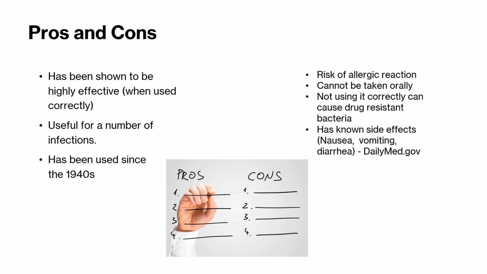And of course, I already mentioned it has a risk of developing drug-resistant bacteria if not used correctly, and it has known side effects such as nausea, vomiting, and diarrhea. That is sourced from dailymed.gov.